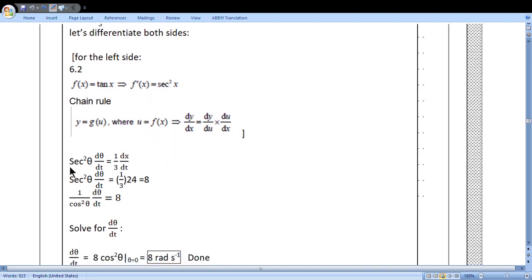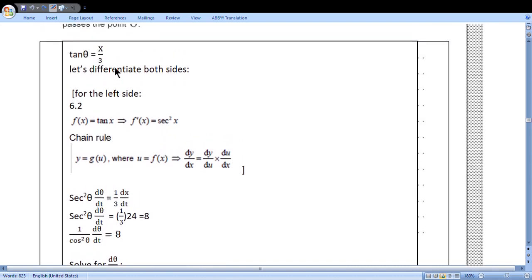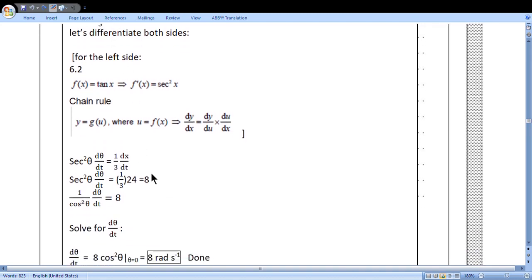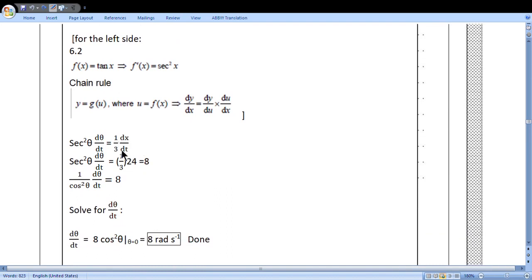First we differentiate by theta, and then theta by time. That's the left side. Right side, 1 over 3 dx over dt. So dx over dt is actually the speed, which is 24. So on the right we get 8.